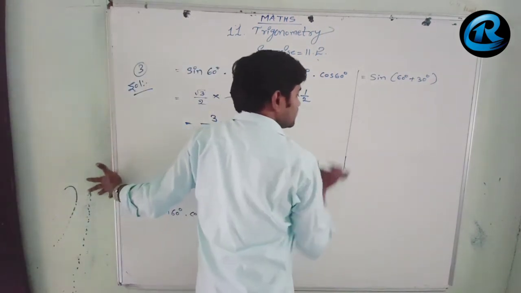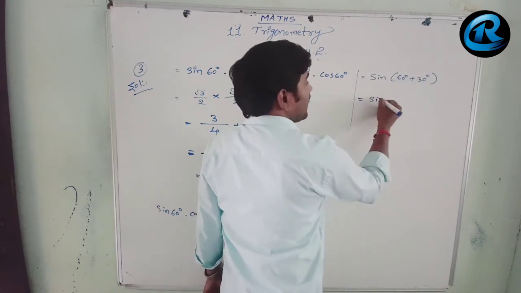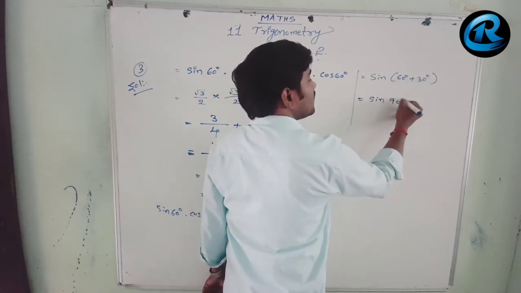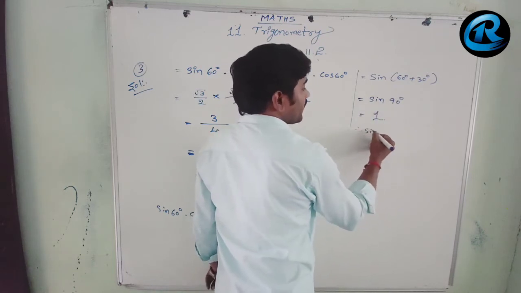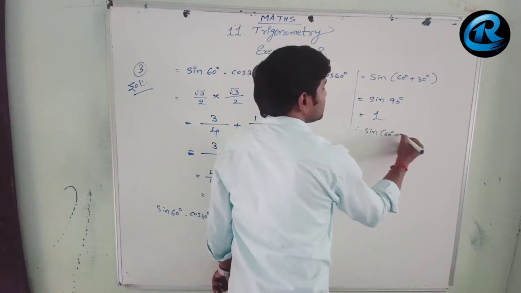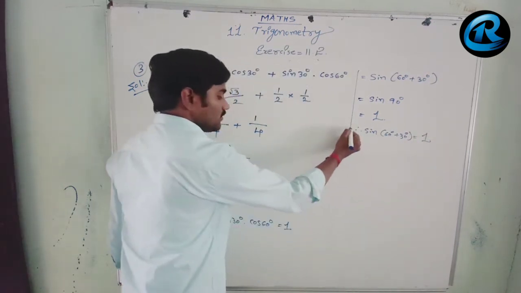In the same way, let us see what we get for sin(60 degrees plus 30 degrees). Sin(60 degrees plus 30 degrees) is sin 90 degrees, where the value of sin 90 degrees is 1. Therefore sin(60 degrees plus 30 degrees) equals 1. So what can you conclude?